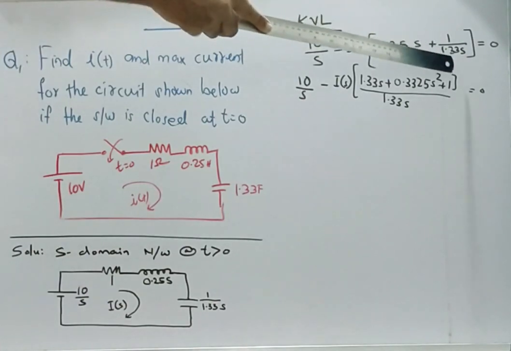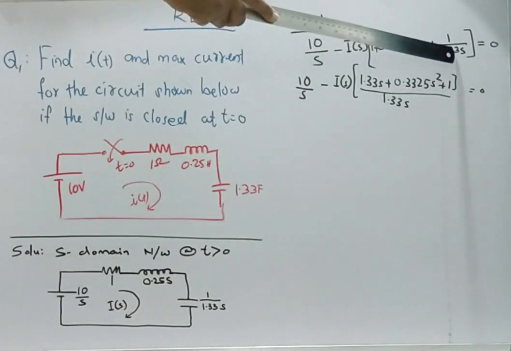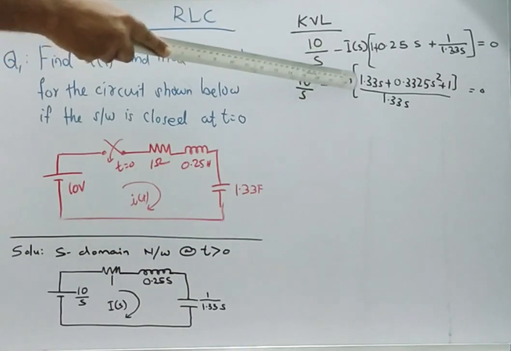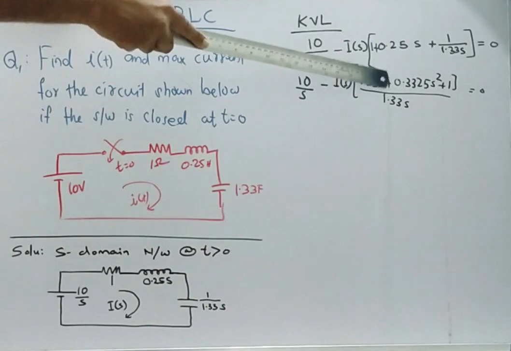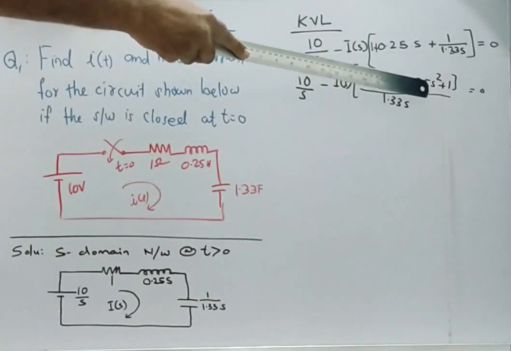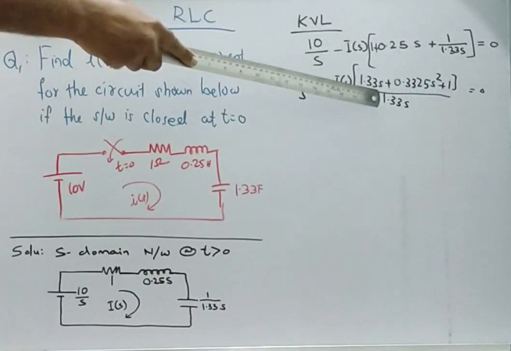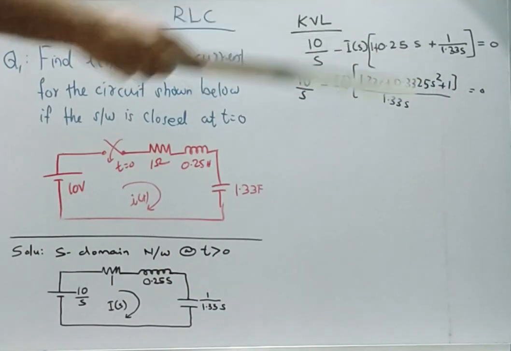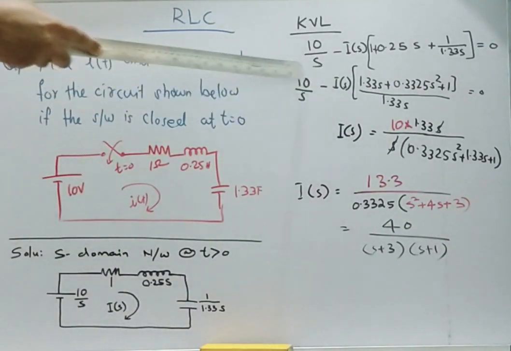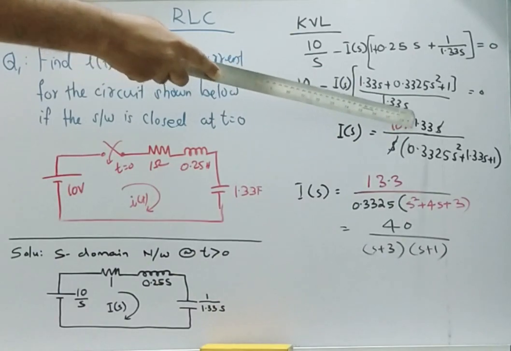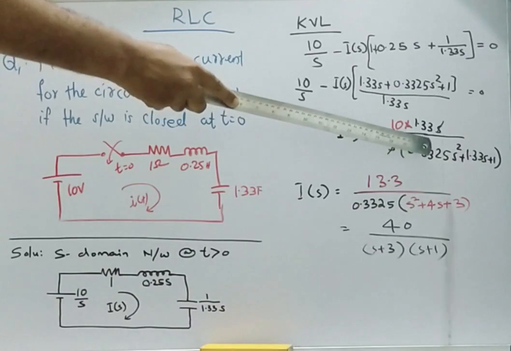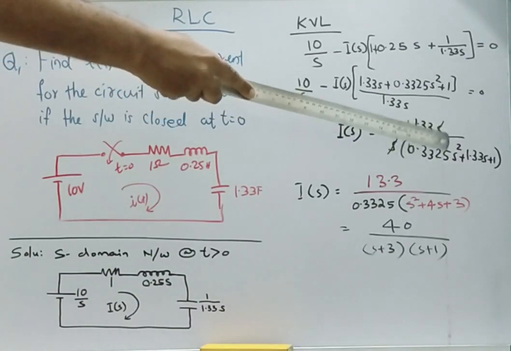Multiplying the entire thing by 1.33 S, we get 10 by S minus I(S) times (0.3325 S squared plus 1.33 S plus 1) divided by 1.33 S is equal to 0. Simplifying, I(S) is 10 times 1.33 S divided by S times (0.3325 S squared plus 1.33 S plus 1).